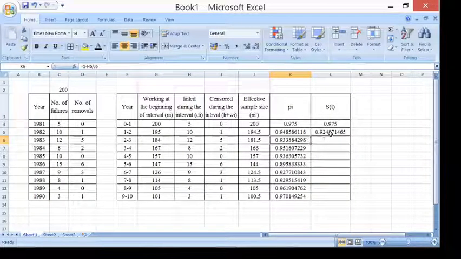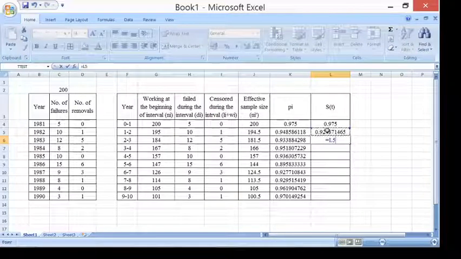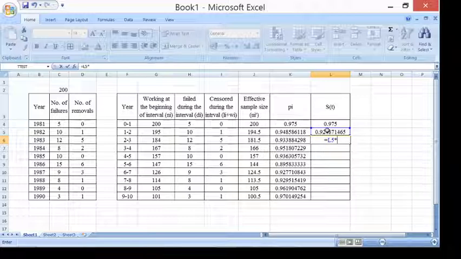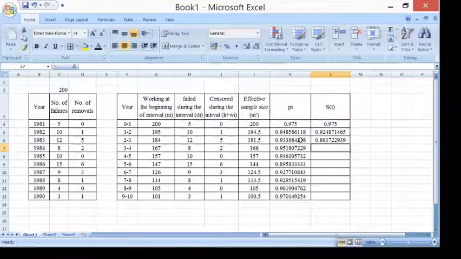Basically you have to be alive at time point 2, therefore this particular probability will come into picture. Along with that, it is not enough that you are alive at time point 2. If you are alive at time point 2, you have to go through that 2 to 3 time interval. So this also should happen, therefore we will consider this probability.